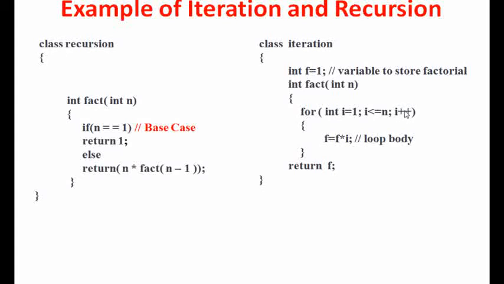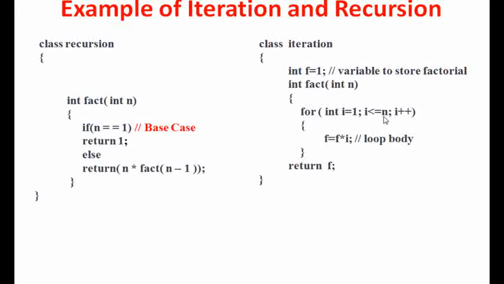After this, it again checks the condition, that is i less than or equal to n or not. If yes, it enters the loop body and calculates f is equal to f into i, which is equal to 2. This process continues till i is equal to 4.